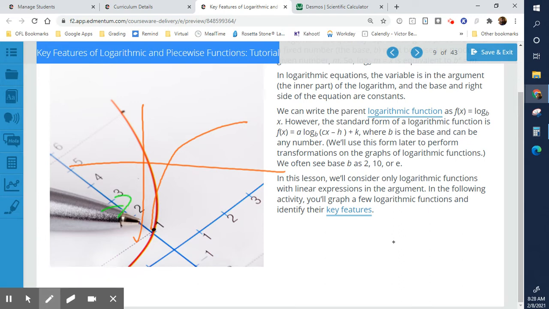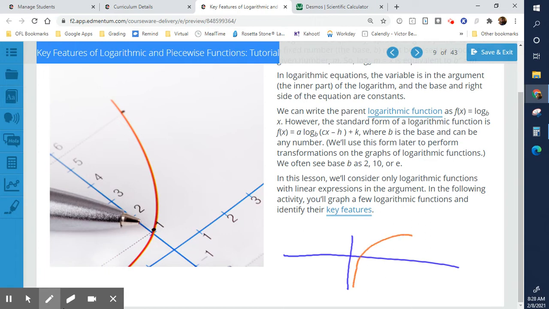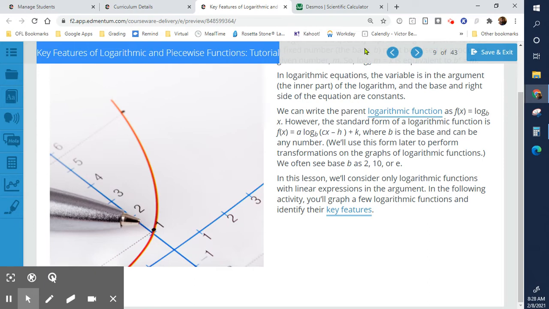This is only a parent function, where the asymptote is where the graph never touches. Sometimes graph asymptotes change, so there's times where what it doesn't touch changes and where it crosses the x-axis changes. Those are a few of the key features of a logarithm.